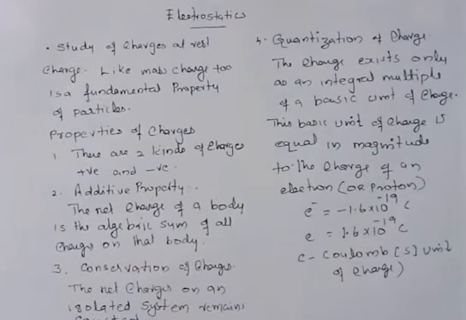Protons, which are positively charged, will have an equal charge of 1.6 times 10 to the power minus 19 coulomb, but that is positive. And a neutron will have zero charge. It is a chargeless, or neutral, particle.